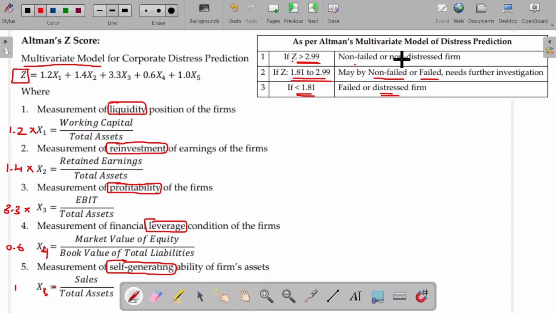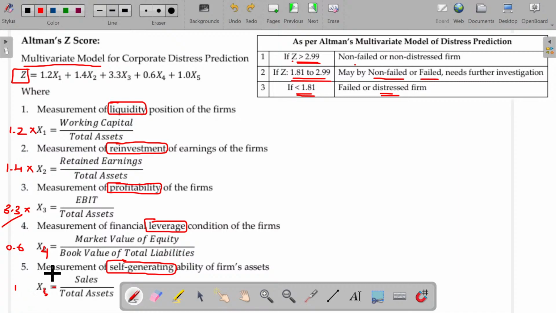My predominant weightage goes to profitability, so 3.3 times weightage is given for that. Is that okay? Profitability 3.3, reinvestment second weightage 1.4, liquidity 1.2, and income generation 1. And leverage has a much lesser impact, so 0.6. That's how the weightage is given.